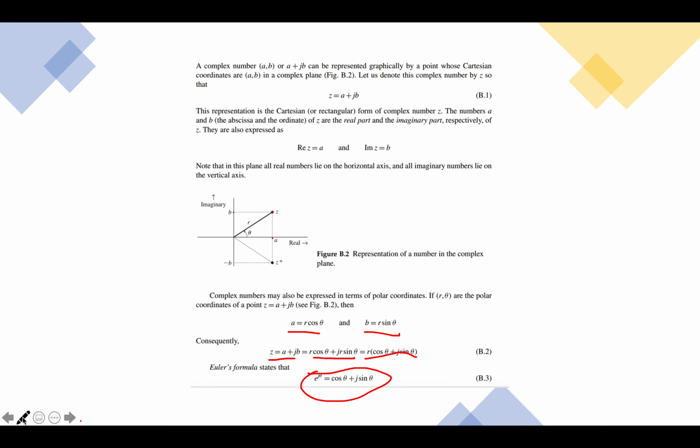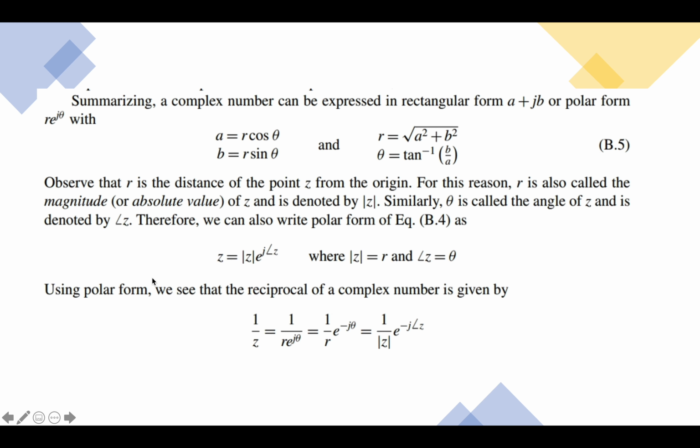we will end up with, let me get out of pen and into arrow. So we have A is r cosine theta, B is r sine theta, and oftentimes in polar form the complex number is written as shown in this equation here, where z, the complex number, is equal to the absolute value of z, which is the magnitude of z and equal to r, and then e to the j times whatever the phase or angle associated with z is.